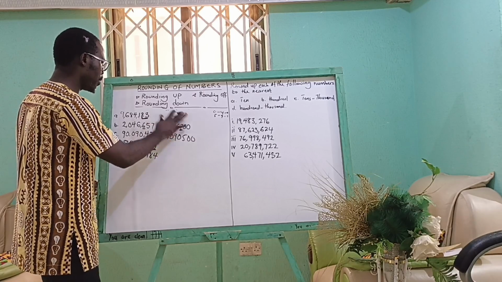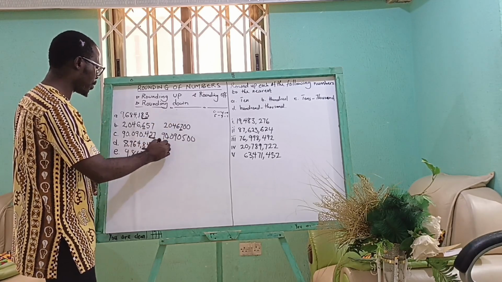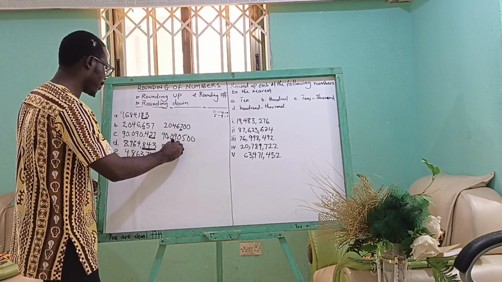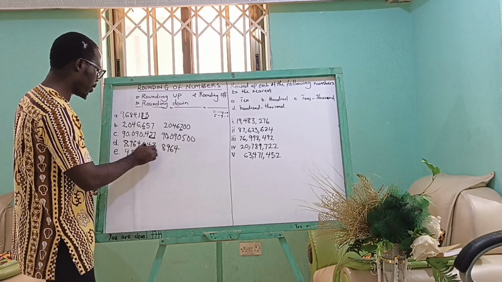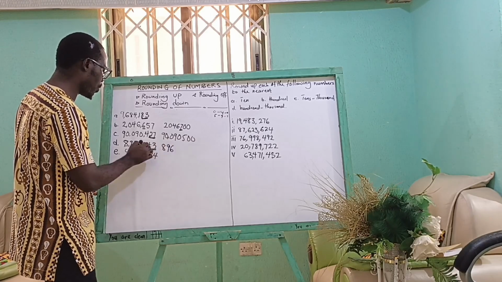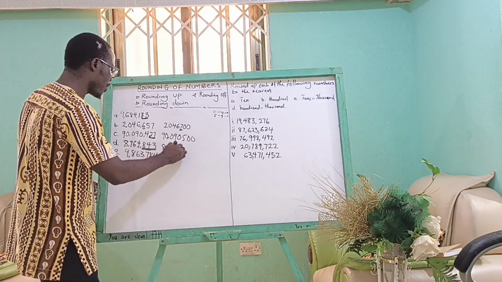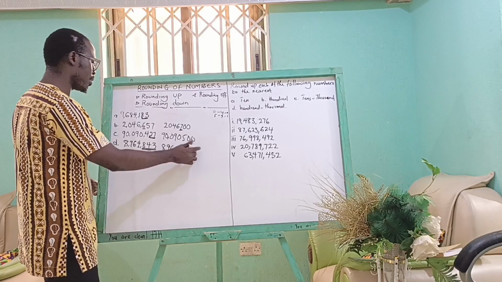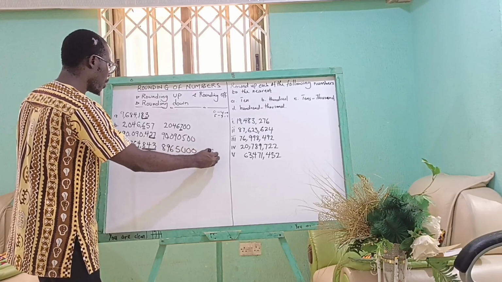So we have 8,964. So this 4 is the thousands column. So this one will also increase by 1. So we have 1, 2, 3. This is 1,000. All right.